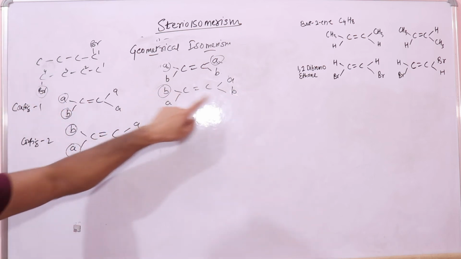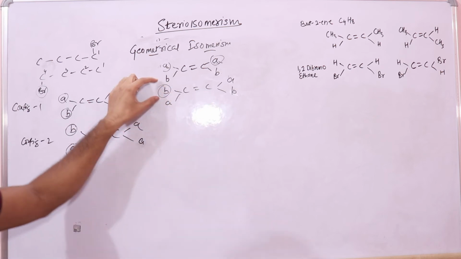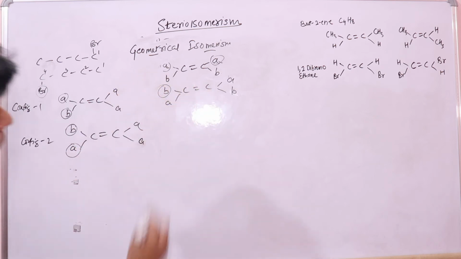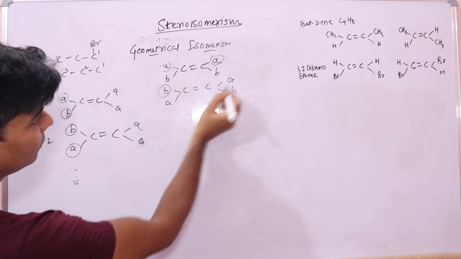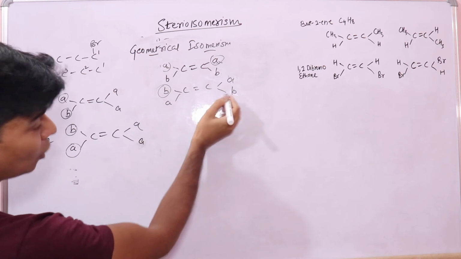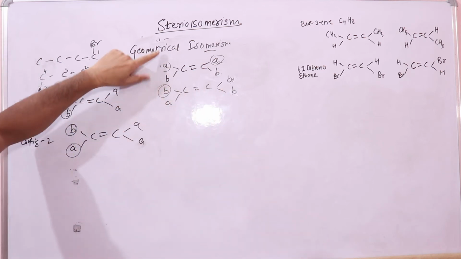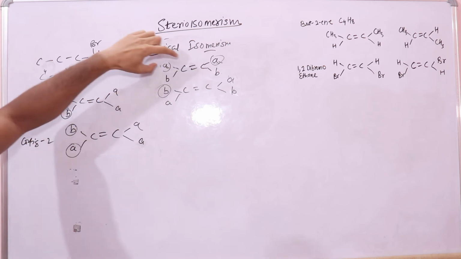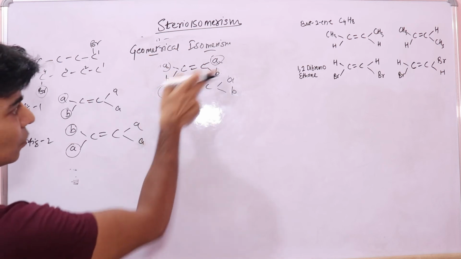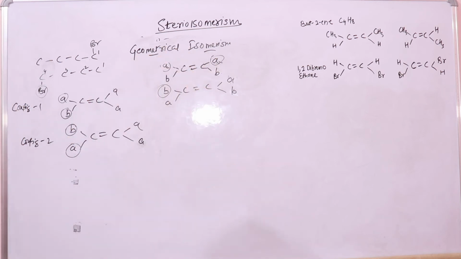Here you have same atoms on the opposite side. You can see how these are differently arranged around this carbon carbon double bond, right? Here you have different atoms on the same side of the double bond and same atoms in the opposite side, right? Same atoms are opposite to one another. Here you have same atoms on the same side of the double bond, right? So this is one particular configuration, this is a different configuration, right?